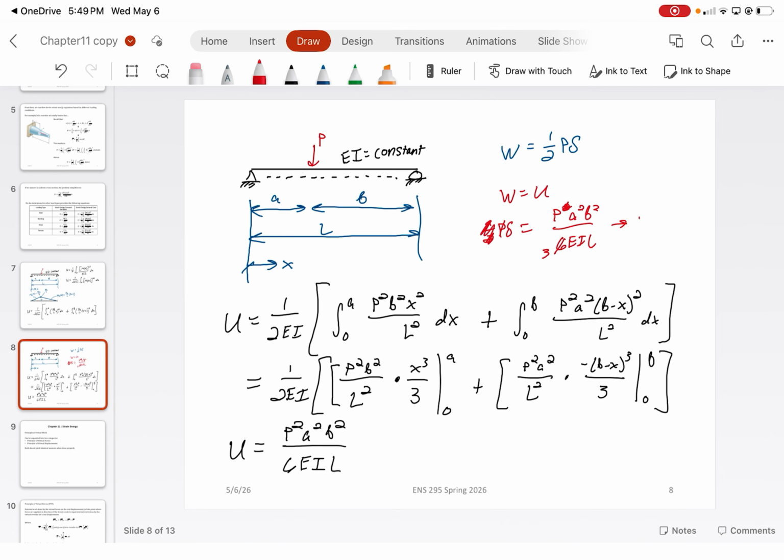And what we end up with is delta is equal to P A squared B squared over 3 EIL. Delta being the total deflection, the vertical deflection. So this would be y in the deflection equation case.